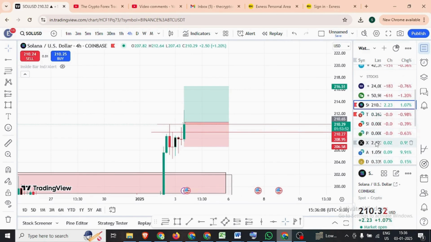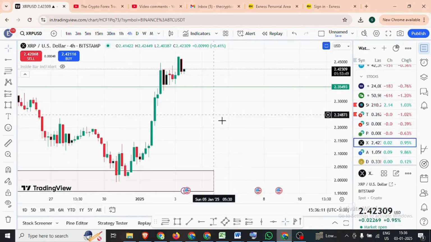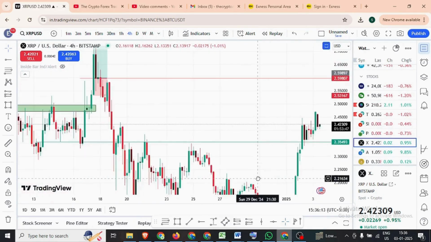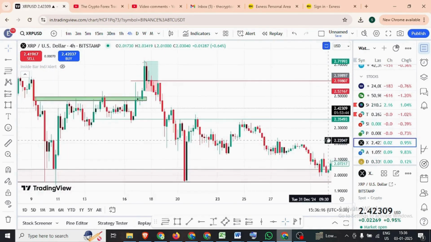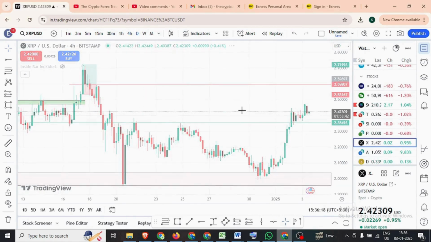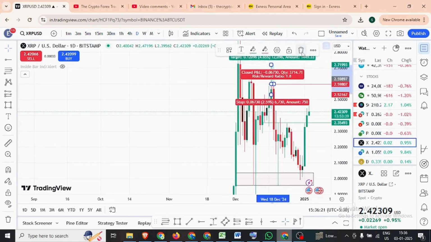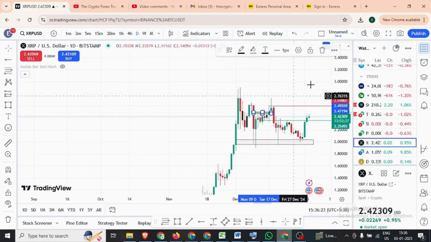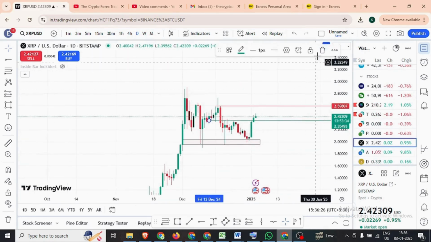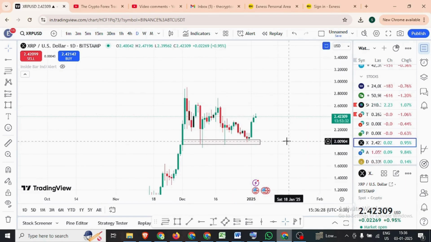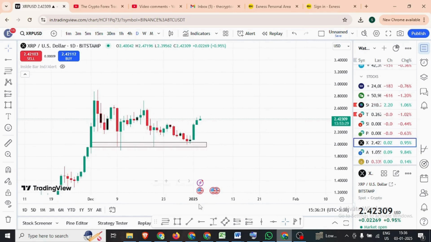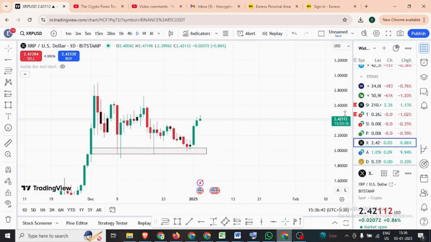Let's see if there are any other cryptocurrencies forming a very good pattern for swing trades. Okay, we have a very good support area in XRP USD, where the market takes support several times, and at this point it gives a very sharp reversal, right, on a daily time frame.